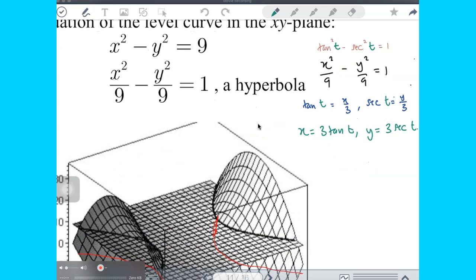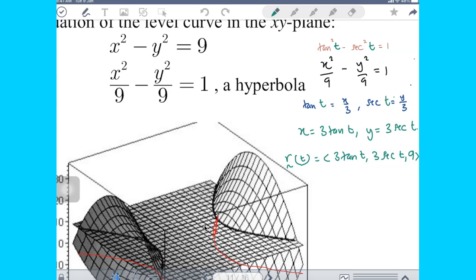So now the vector function that we have can be transformed into a vector, where the x component is 3 tangent t and the y component is 3 secant t. And because this curve is at z equal to 9, I just put z equal to 9. So that is the vector function.